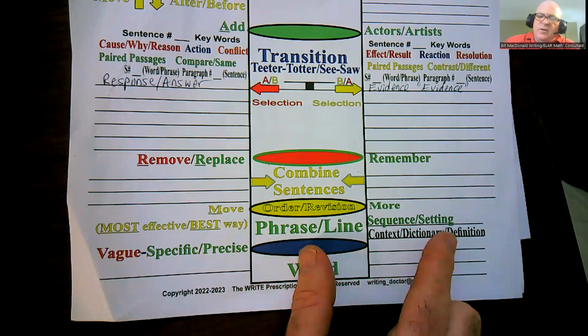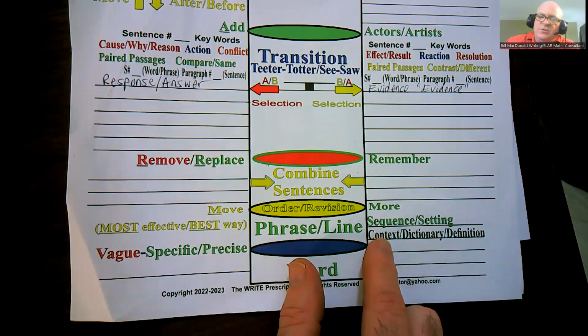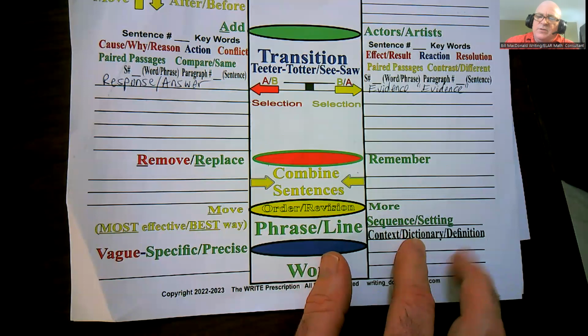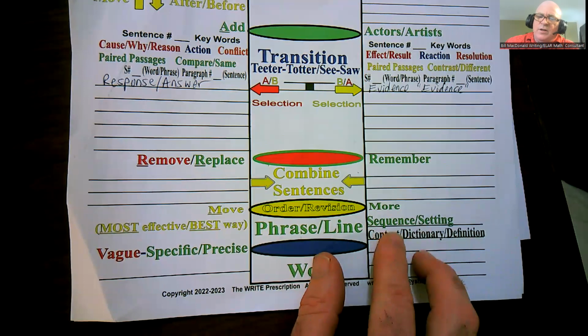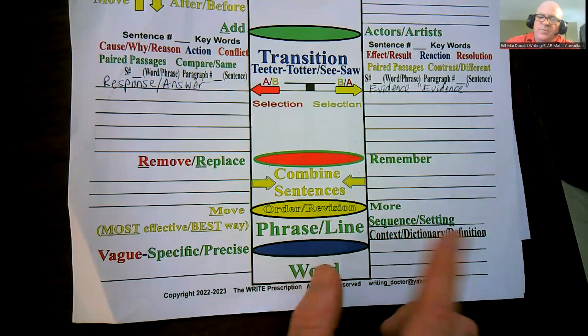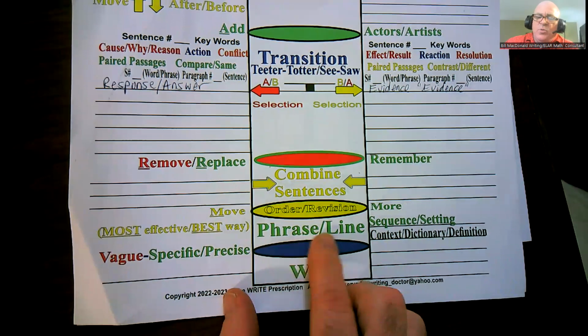They're going to be asking for the definition, and your kids will have to see it in context, and then decide based on the dictionary definition which one is the correct answer, the meaning for that word. Okay. Add, remove, replace one phrase or one line.